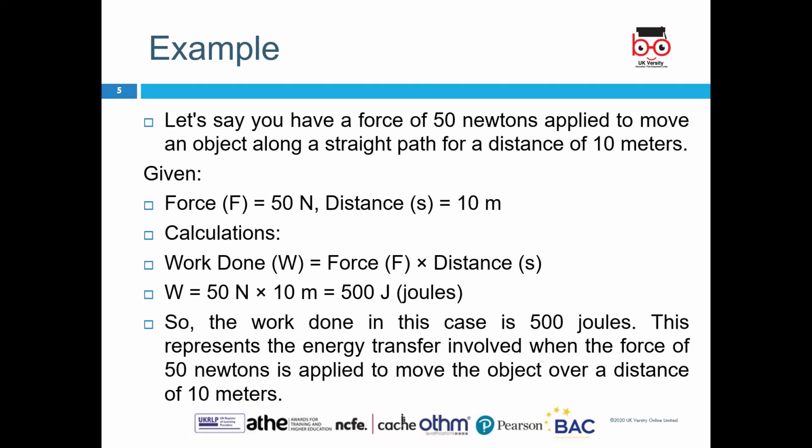By applying the formula, W is equal to 50 newtons times 10 meters, which is 500 joules. So the work done in this case is 500 joules. This represents the energy transfer involved when the force of 50 newtons is applied to move the object over the distance of 10 meters.